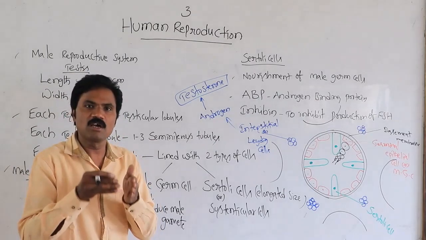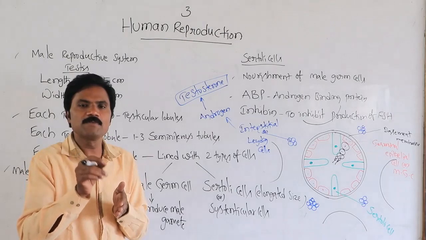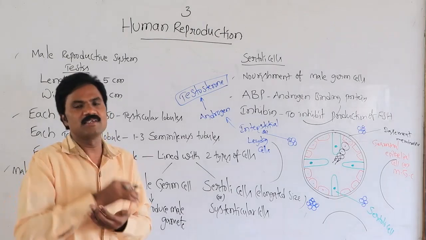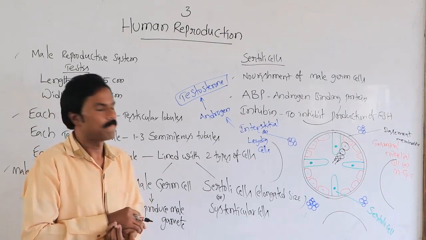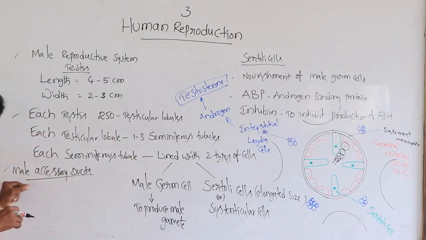The accessory ducts help in the passage and transportation of the gametes. So what is the particular order?